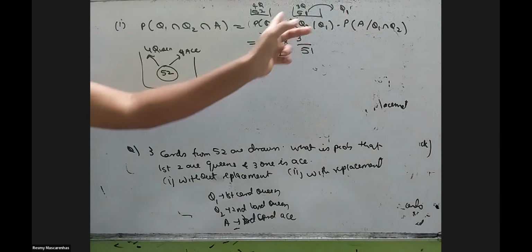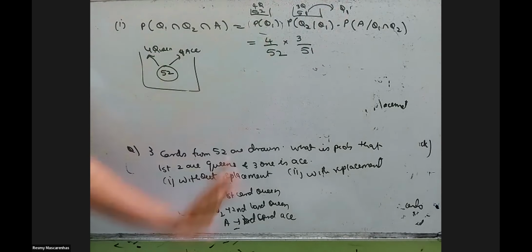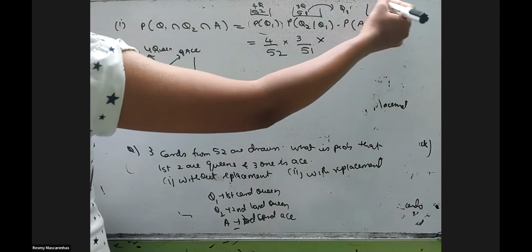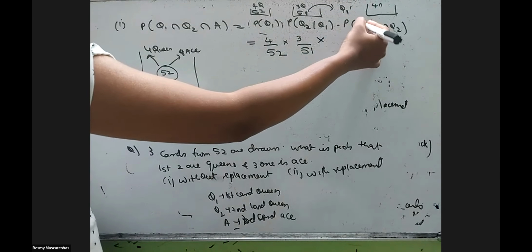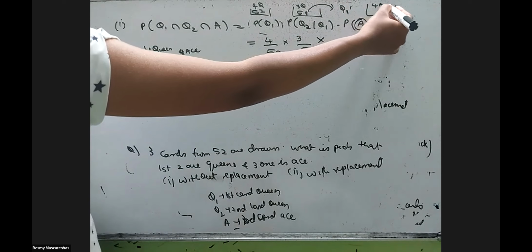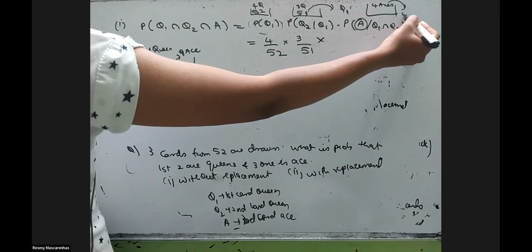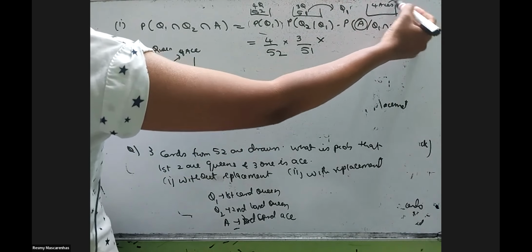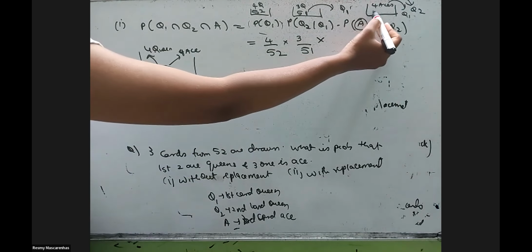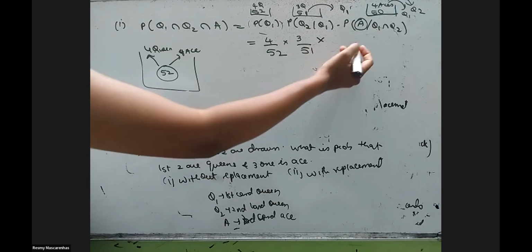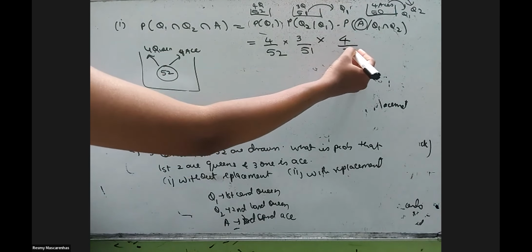So 1 queen is out, we are assuming. Now the third one, we have to look for the aces. There are 4 aces, but we are assuming 2 queens are already out, Q1 and Q2. So how many cards will be left? Only 50 cards. But the 4 aces are there because only queens are gone. So there are 4 aces out of 50 cards.